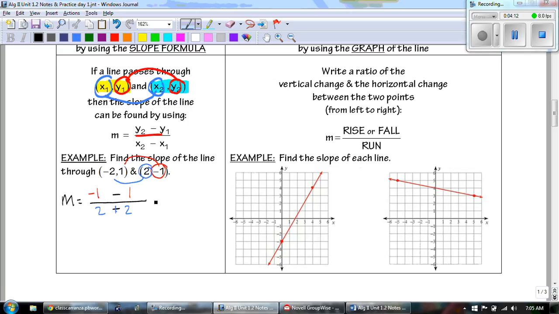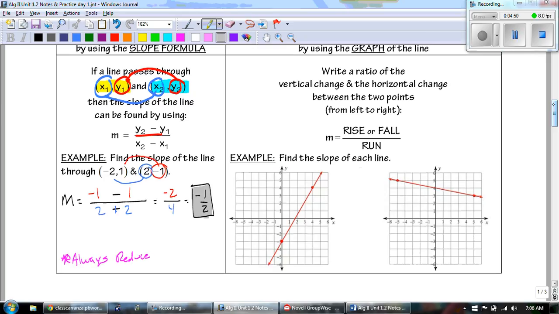And so I would just follow the order of operations. -1 minus 1 is -2, and 2 plus 2 is 4. And just remember that we said this, that we have to always reduce. Okay, I don't want to leave my fraction as -2/4. I want to say that that's -1/2. Okay, so that would be my final answer, -1/2.